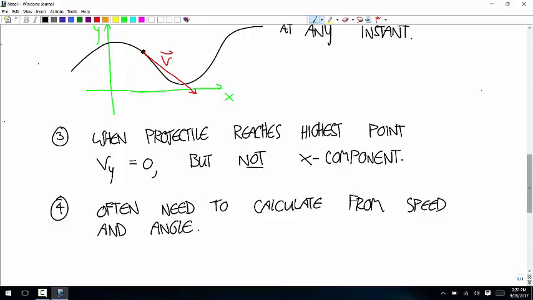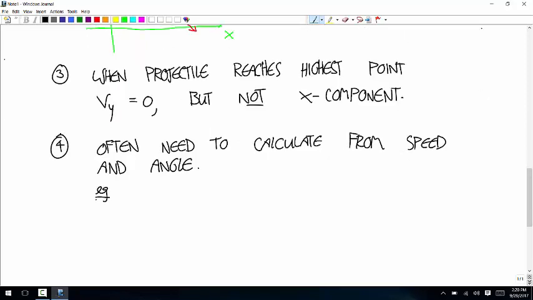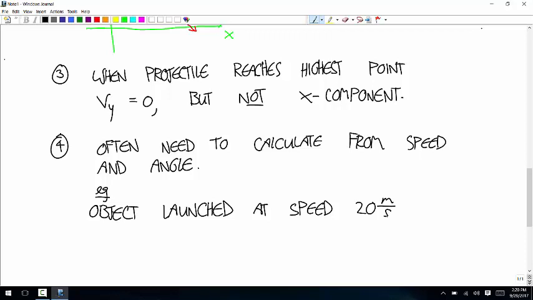So for example, let's say that an object is launched at a speed of 20 meters per second at an angle of 10 degrees above the horizontal.